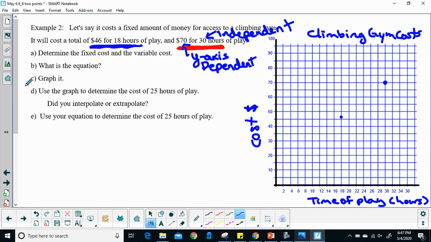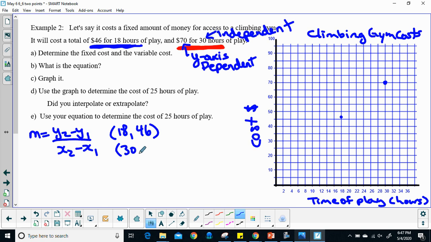To be extra accurate, to figure out my equation, I would do m equals y2 minus y1 over x2 minus x1, remembering that my x was 18 hours for $46 and 30 hours for $70.